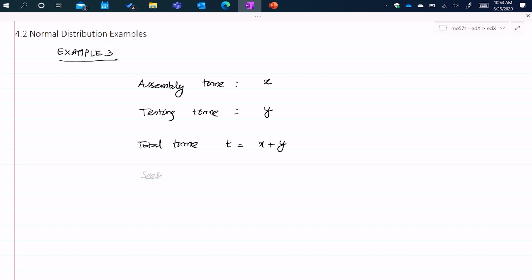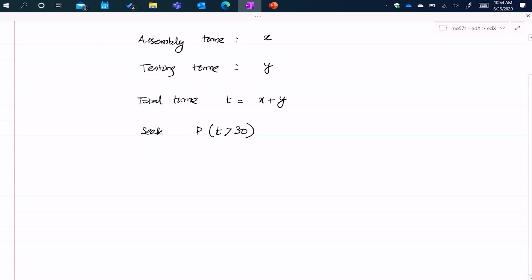So what we seek is the probability that t would exceed 30 minutes. First, we need to find the mean value of t. So t bar we know is x bar plus y bar, which is equal to 12 minutes for assembly plus a mean value of 10 minutes for testing, which is 22 minutes.